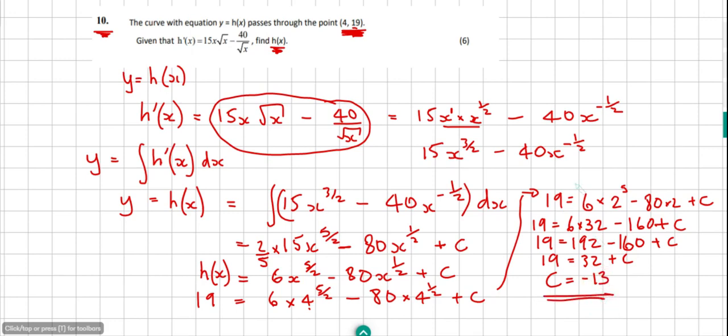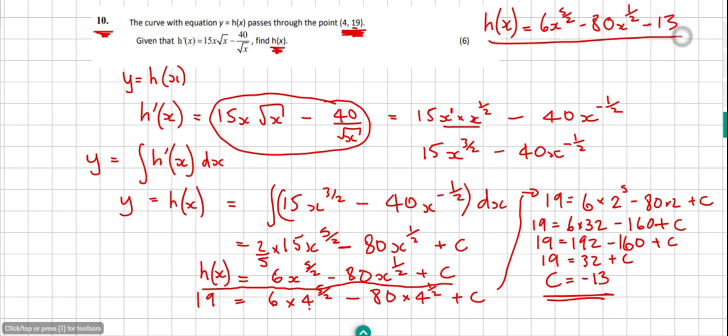So then all we need to do, let's write this up at the top, is rewrite our equation that we had for h x, but replacing the c by the value that we've just found. So we can say that h x is equal to 6x to the 5 over 2 minus 80x to the half, and then c, which is what we just found, is minus 13. And that's it, we've done it.